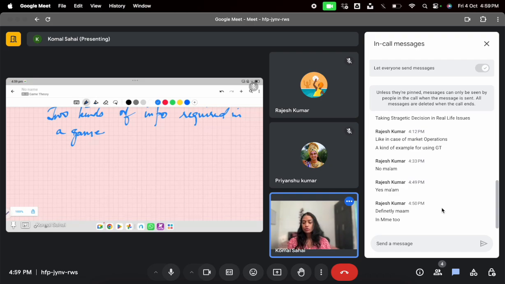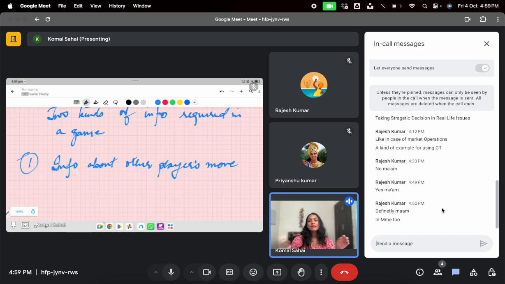So the first kind of information is the information about the other players' move or action. Meaning, when it's your turn to play, do you know what move the other person has already made, or whether you don't know it.